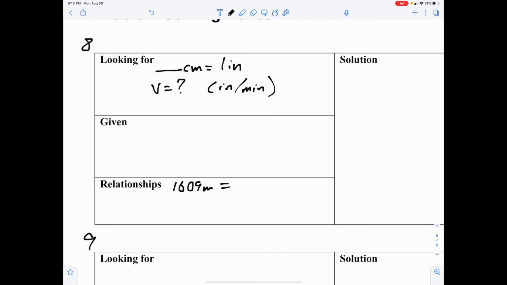1,600 meters in 1 mile, and that there are 5,280 feet in 1 mile. So we have that.